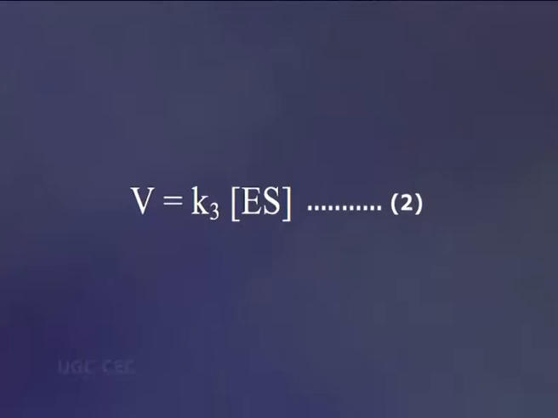The starting point is that the catalytic rate is equal to the product of the concentration of the ES complex and k3, that is, V = k3[ES], equation number 2. Now we need to express [ES] in terms of known quantities.